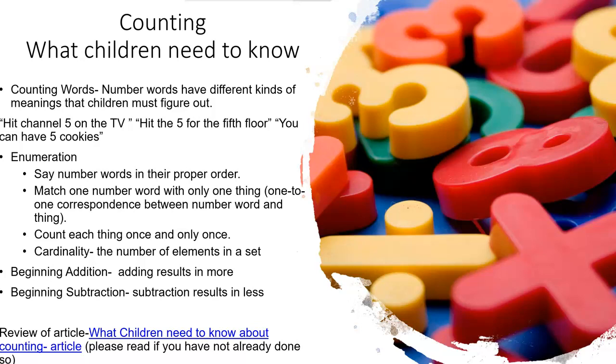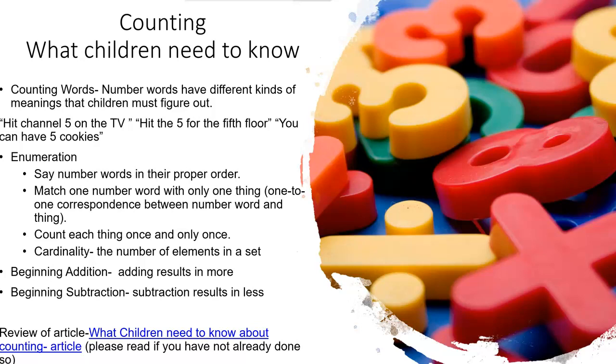So counting words: it talks about how number words have different kinds of meaning, and children have to figure out that meaning. So when you say hit channel 5 on the TV, it's a little different from saying hit the 5 for the 5th floor, or you have 5 cookies. So 5 is still representative of the number 5, but it has slightly different meaning in the use.